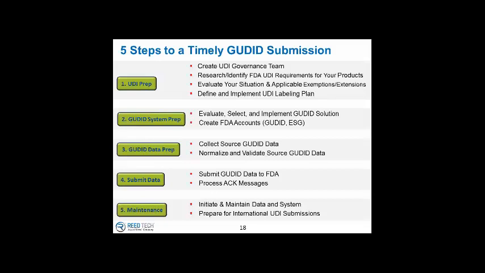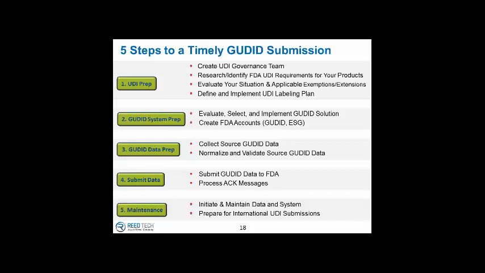But as you are considering your UDI response, first step would be to create a governance team, and this will probably be a cross-functional team. We have seen a number of members from regulatory, operations, legal, marketing, sales, finance, and product management, definitely, all be involved in UDI because it just touches everywhere, the identification of the product and the compliance of that particular UDI and getting it all in place.